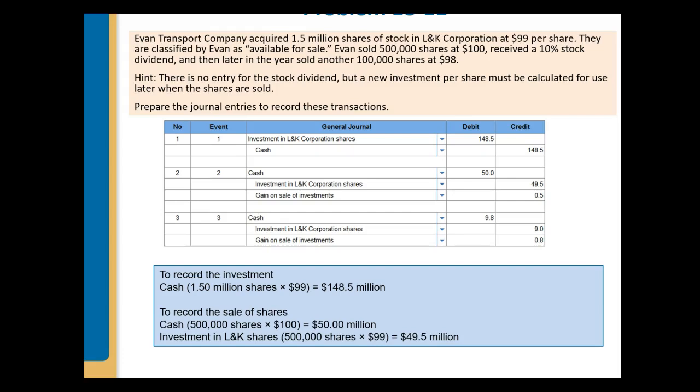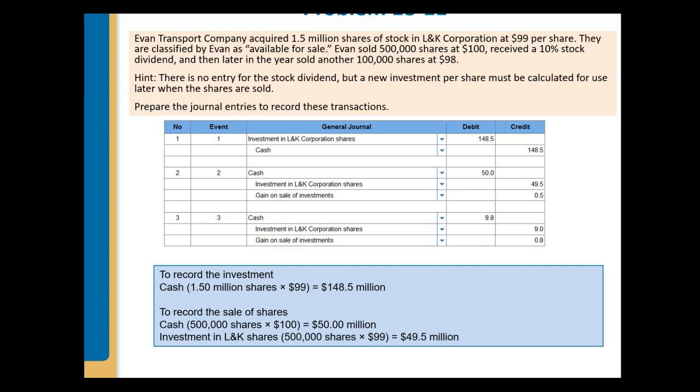Then, when they sold 500,000 shares at 100, we would debit cash for 50. We would credit our investment in L&K Corporation, the 500,000 shares times 99 bucks a share, for 49.5, and we would credit our gain on the sale of investment for 0.5.